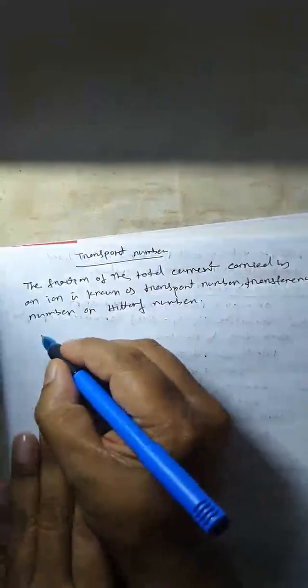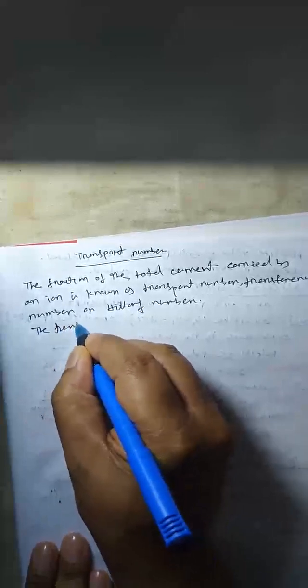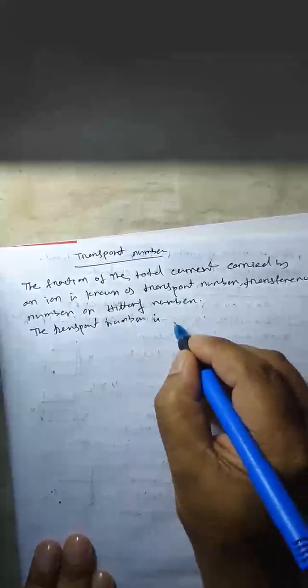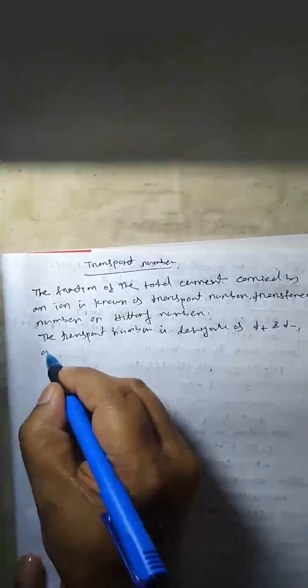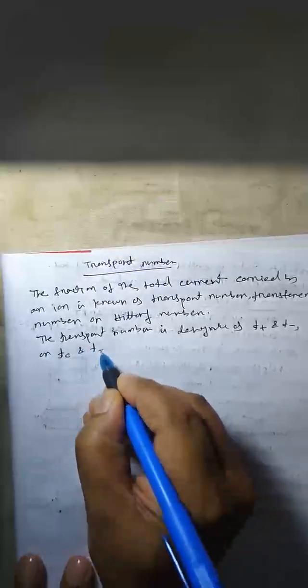It is designated as T plus for the transport number of cation and T minus for the transport number of anion, or you can also write Tc for the transport number of cation and Ta for the transport number of anion, or you can write Nc and Na.